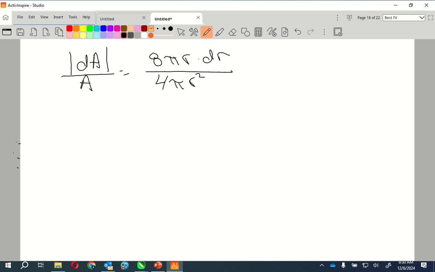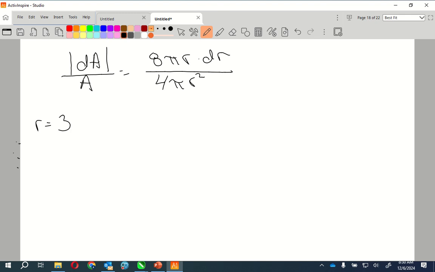Now we know what these items are. So delta A is a change in A. My dA is a change in A. R, what is the R value? R value was 3.